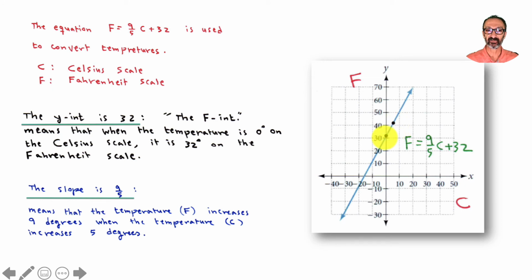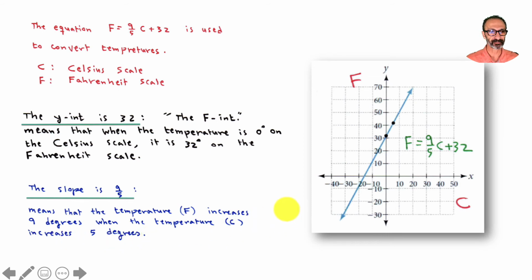That means every time I increase the Celsius by 5 degrees, I'm gonna have to increase the Fahrenheit by 9 degrees. Every time the Celsius increases by 5, the Fahrenheit will be increasing by 9. It means that the temperature F increases 9 degrees when the temperature C increases 5 degrees.